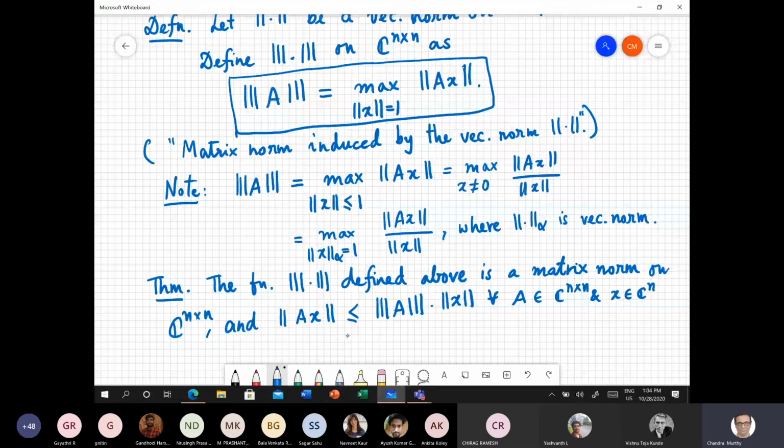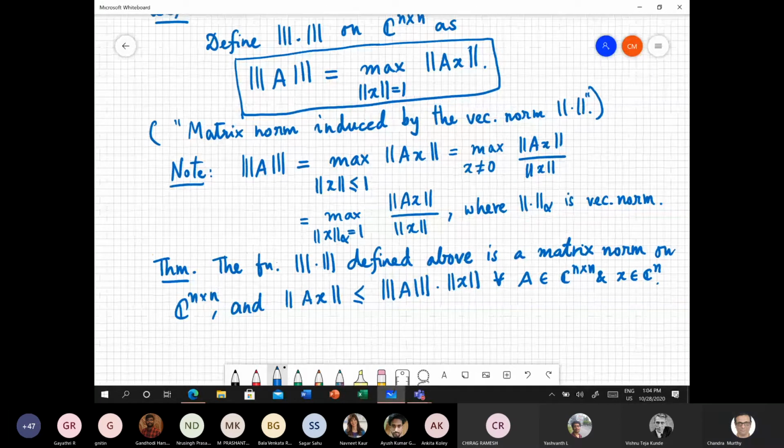So pick any vector. This norm of A is actually an upper bound on norm of Ax divided by norm of x. If x equals 0, this is 0 and this is also 0, so it holds when x equals 0 as well. Also, the norm of the identity matrix equals 1.